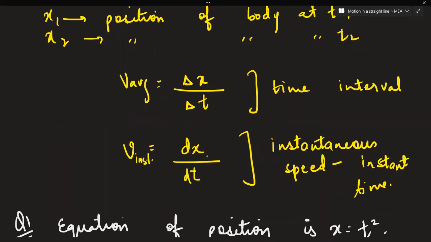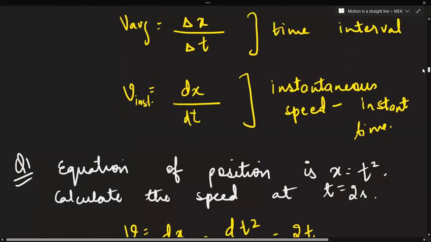So this will be dx over dt. In case of average speed, you take the change in distance by change in time. In instantaneous, you differentiate distance with time. Understood?